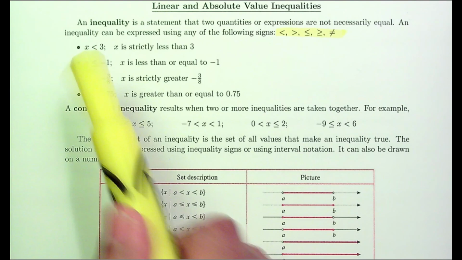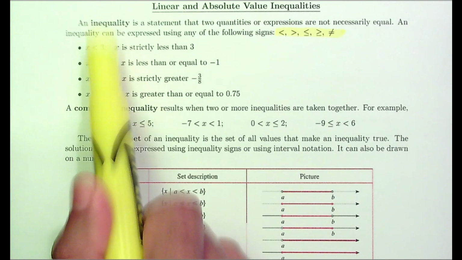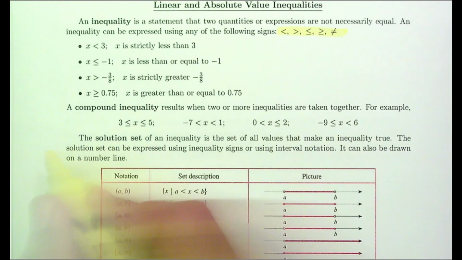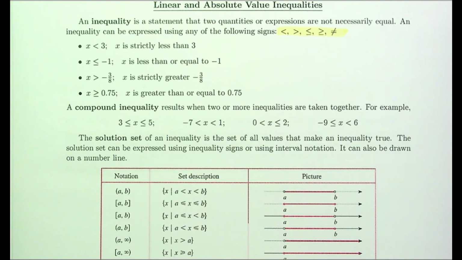So those are single inequalities. All these four are examples of single inequalities. Sometimes we have compound inequalities, which is when you have two or more inequalities taken together at the same time, simultaneously. These four right here are examples of compound inequalities.